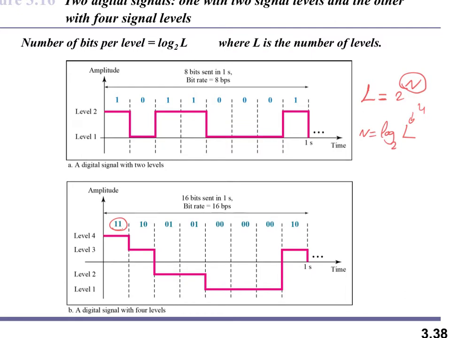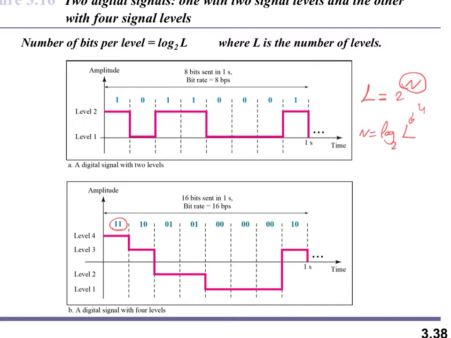So this is what we refer to as the bit rate, and the bit rate is affected by 2 things: the bit duration, which in that case is 1/6 seconds, and the number of levels that we are allowed to use in 1 bit duration.